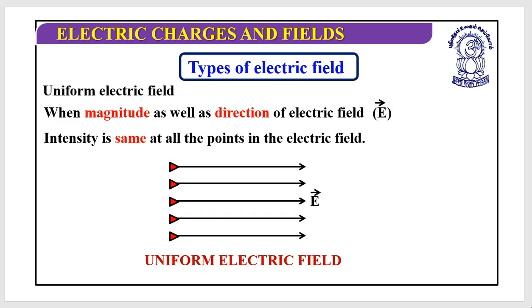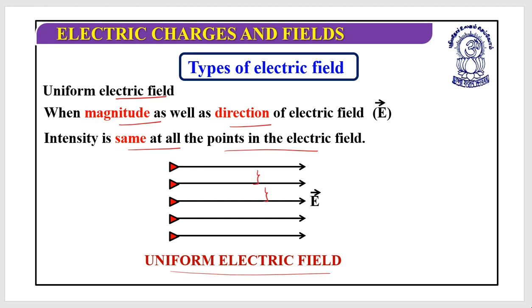Now let's look at what uniform electric fields look like. How can I define it? When both the magnitude as well as the direction of the electric field intensity are the same at all points in a space, then the electric field is said to be a uniform electric field. Now look at this.